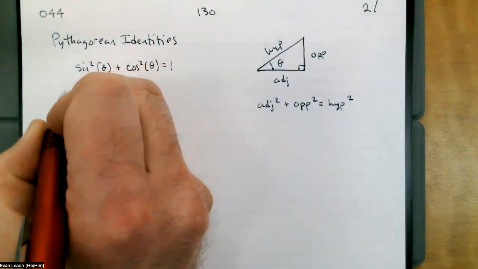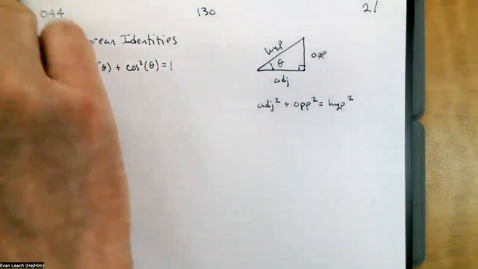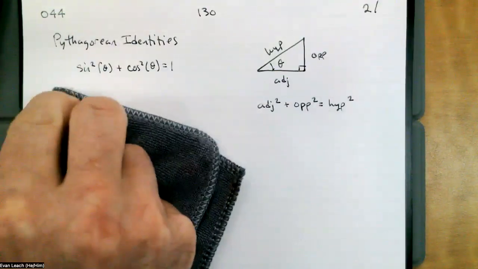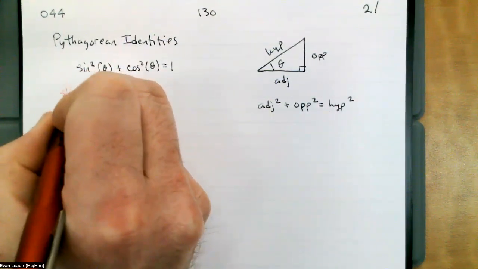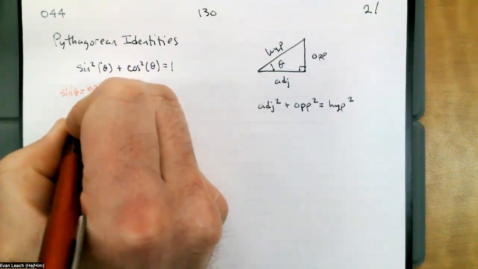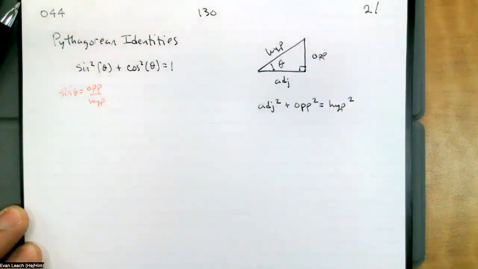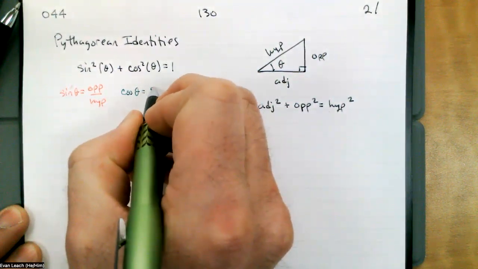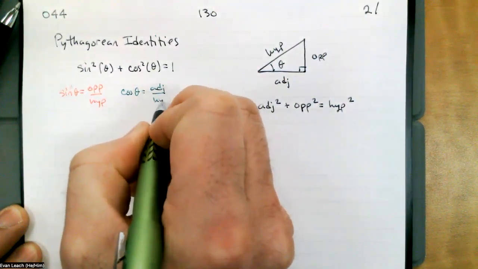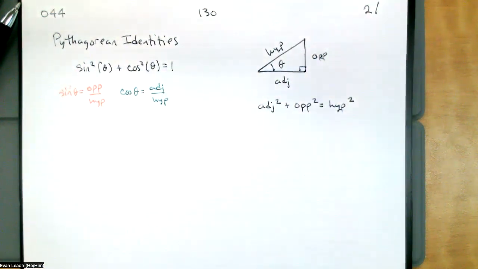So if we take our opposite over hypotenuse and adjacent over hypotenuse and drop them into this Pythagorean identity, it turns into the Pythagorean theorem after a little bit of algebraic manipulation.